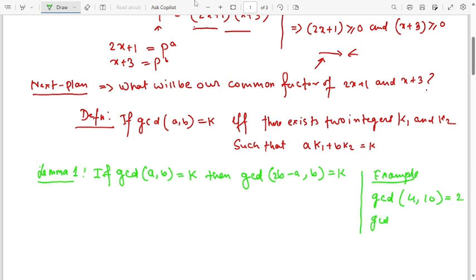Then GCD of 2 times 10, which is 20, minus 4, comma 10 is equal to GCD of 16 comma 10. What will come? This is also 2. Okay. So now we are going to use this lemma on our problem.